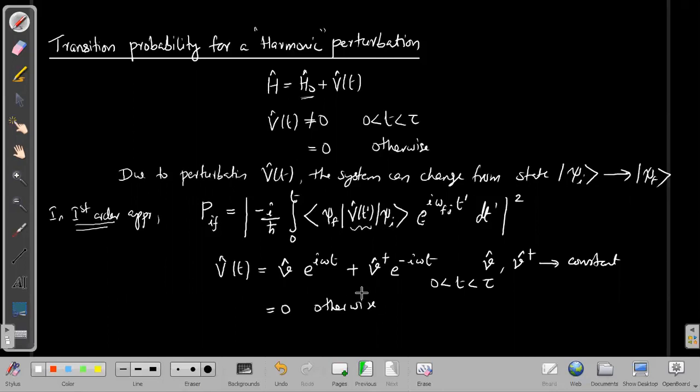If this is the case, then what would be the transition probability? We can easily find it. I just substitute the expression for this capital V of t here.